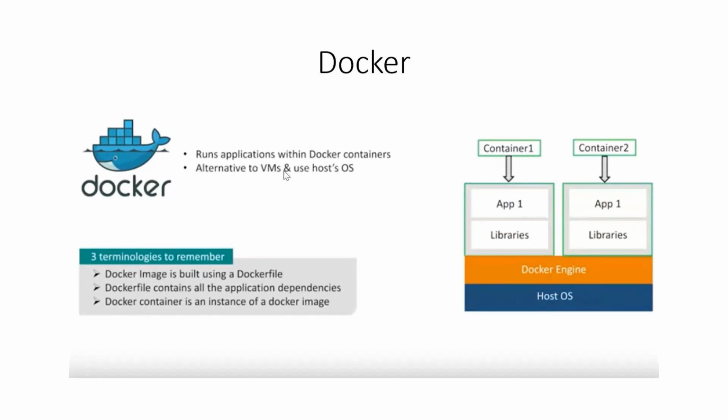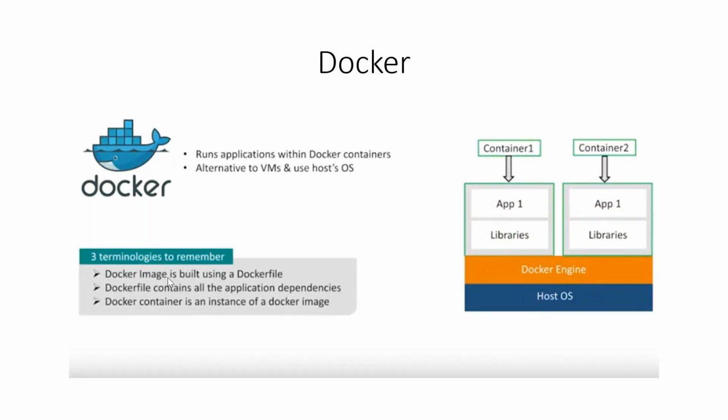So a Docker image is built using a Dockerfile. There is a new term now, Docker image. You can imagine a Docker image like software, right? Suppose I have Chrome software on my local machine. If I have to use Chrome, I need to download the Chrome software, install it, and then use it.